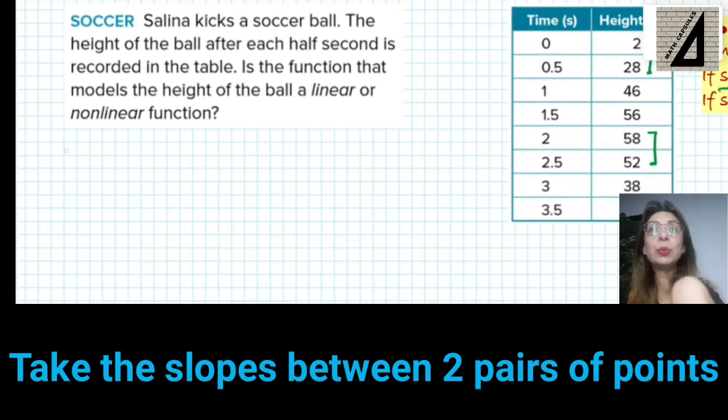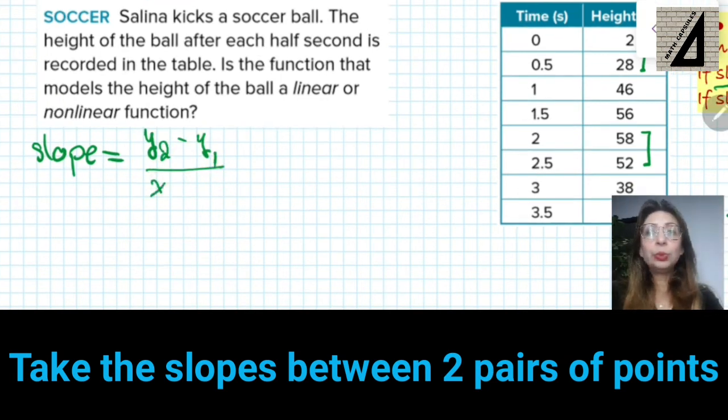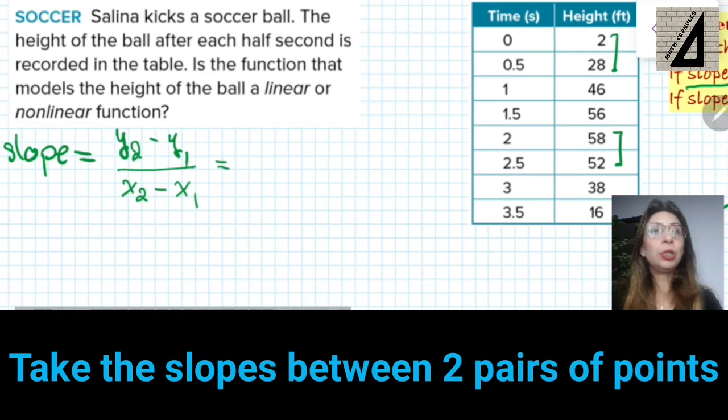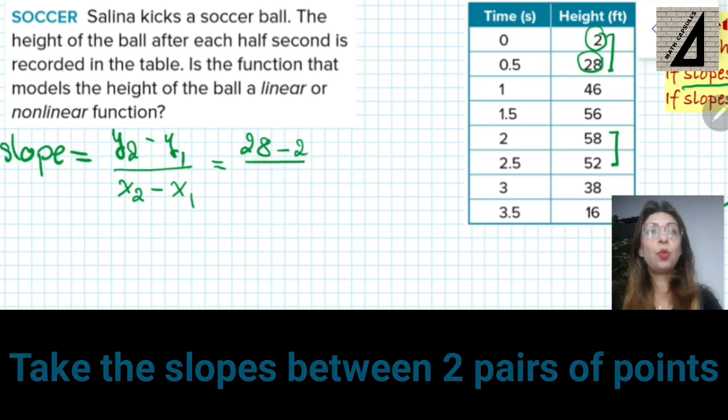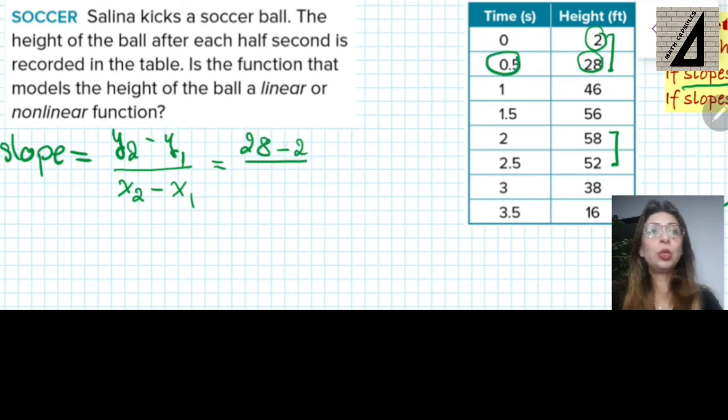Let's find the slope between the first 2 points. Here's y2 minus y1 over x2 minus x1. We have the y's here, y2 is 28 and y1 is 2, so we subtract 28 minus 2 over x2, which is 0.5, minus x1, which is 0.